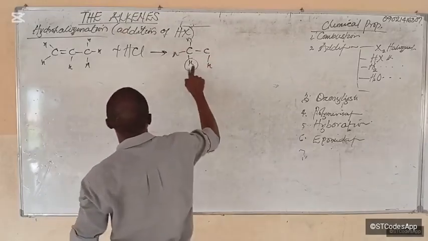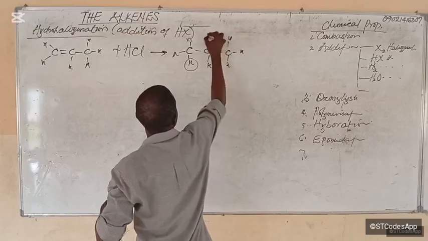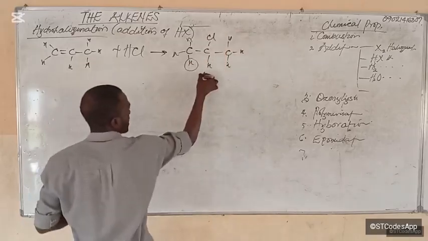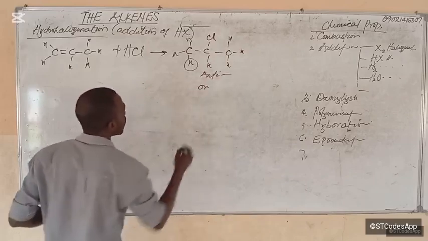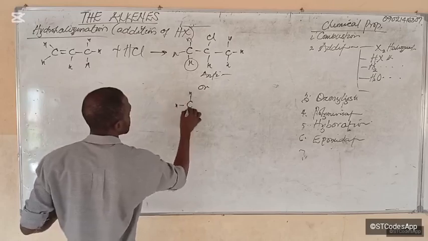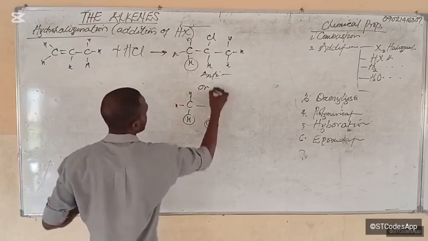This is the new hydrogen that has been added to it. Either they form this, which is the anti-conformation, or they form this. Our hydrogen is added and our Cl.